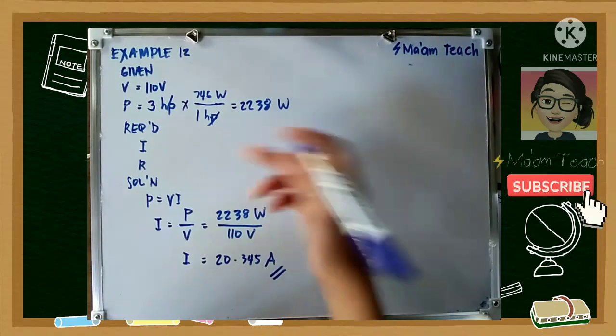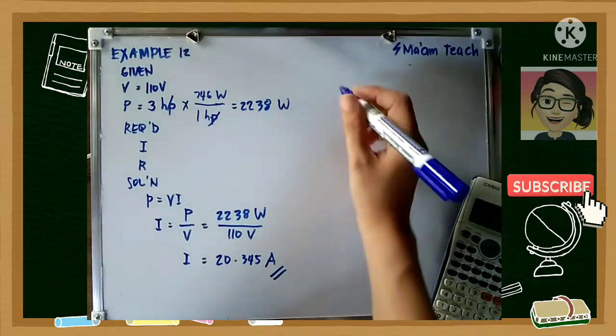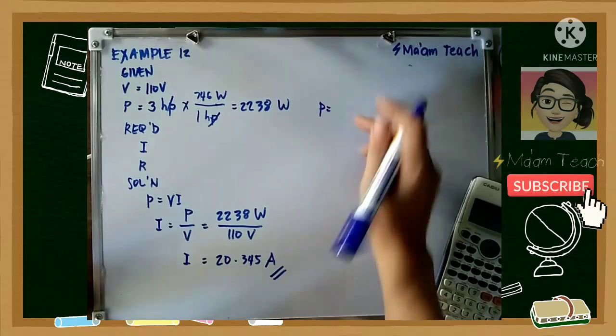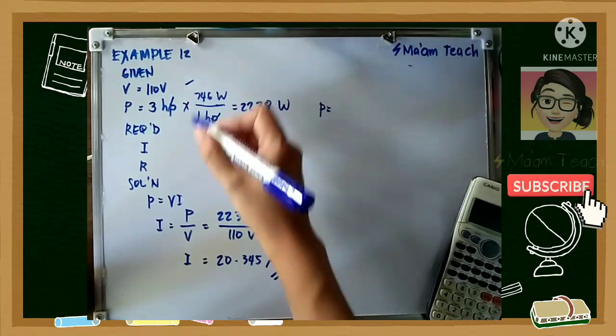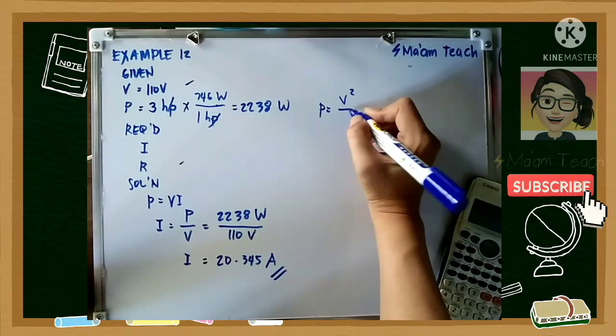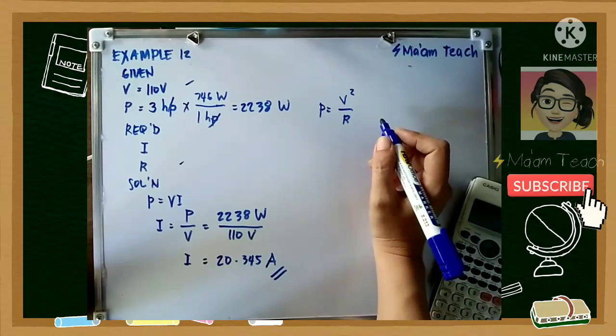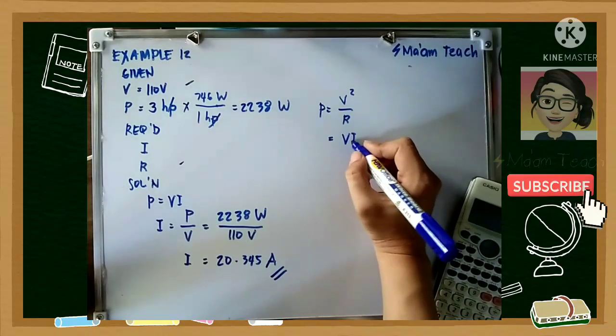Now for the resistance, still we will be using the formula of power. So recall that if our given is voltage and we are required to find the resistance, we can use the formula V squared all over R. Okay, the question, ma'am, can I use the voltage times current?